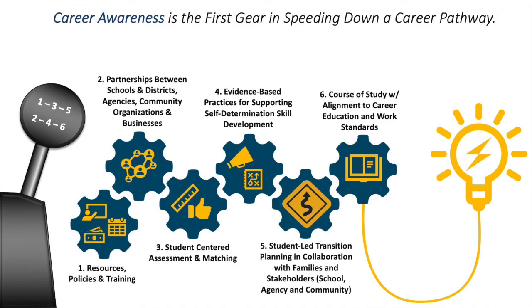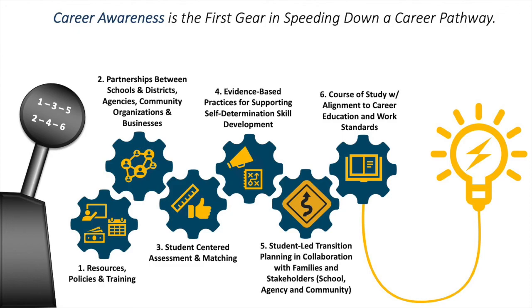We also need to have student-led transition planning in collaboration with families and stakeholders. So it's not just that we have the data to inform what would match best with a student, and not just that we have to have students prepared to take a leadership role, but we also need to develop structures within our meetings that allow students to flex those skills and to take on that leadership role.